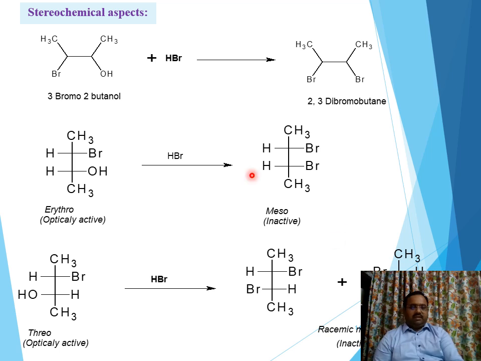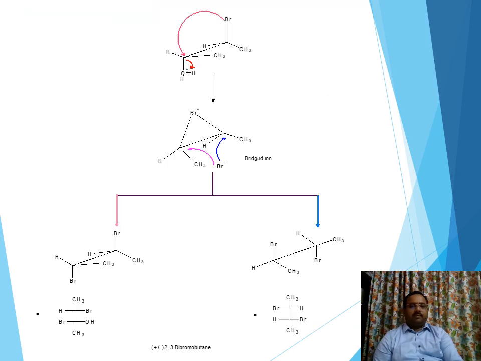So this is again the same example we have discussed. Retention. This is the mechanism: in this anti-periplanar position, this internal nucleophile, that is the Br, is going to attack on this position. So there is a formation of a three-membered bridged bromonium cyclic ion, which is highly unstable. Hence there are two ways by which the Br minus, that is the external nucleophile, is going to attack, from this side or from this side.